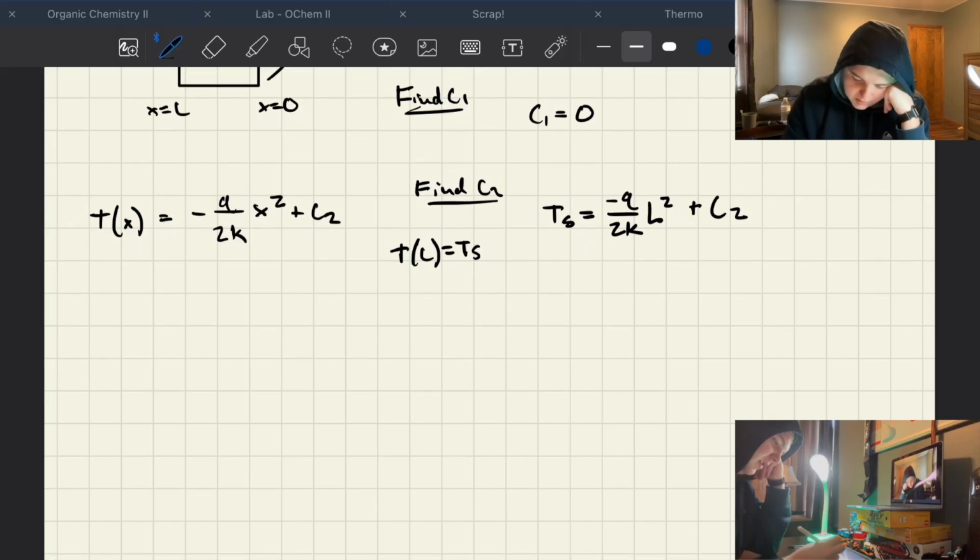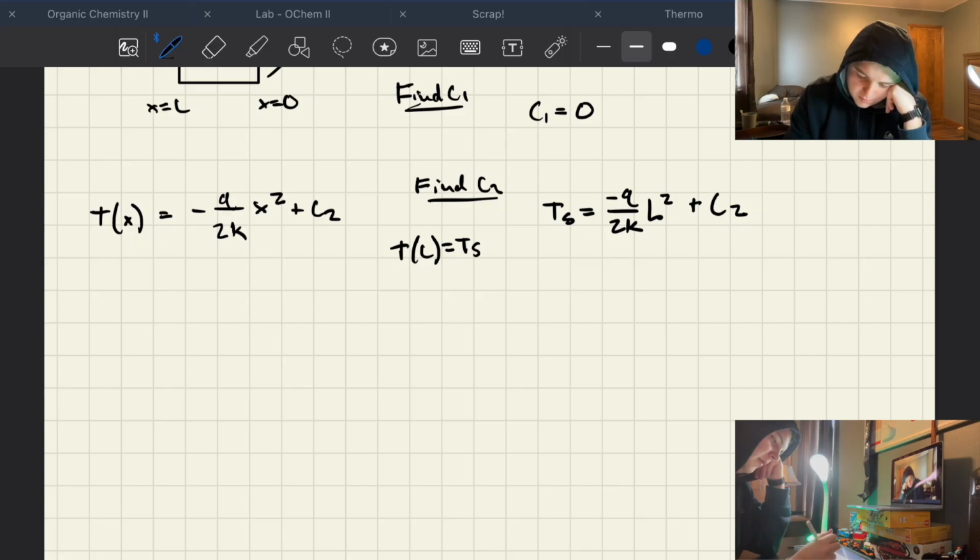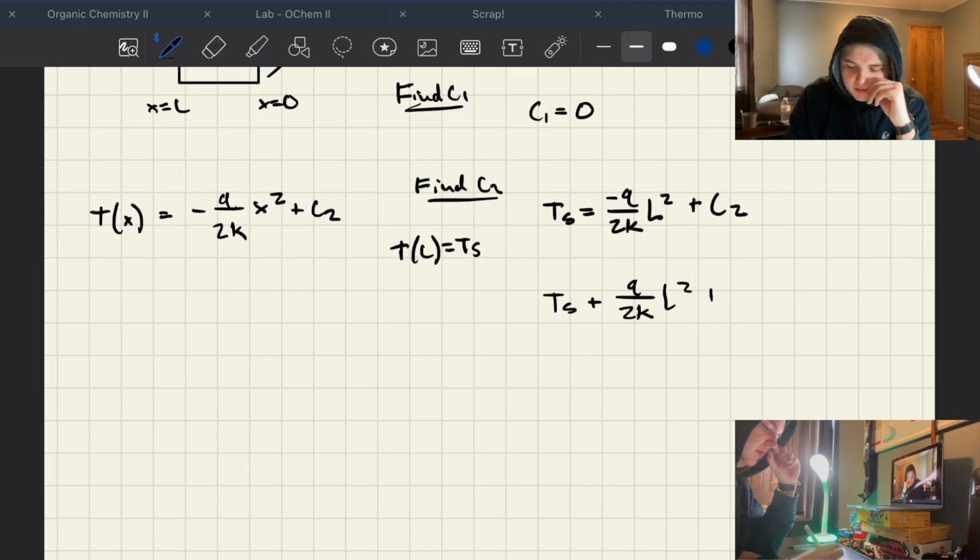And then just get the C2 on the right side. So we'll have Ts plus q over 2k times L squared plus C2, or equals C2.